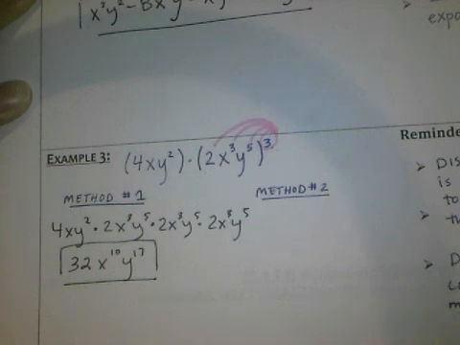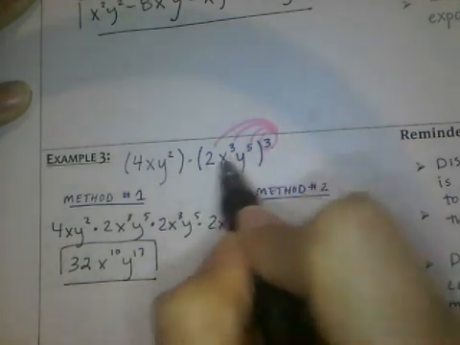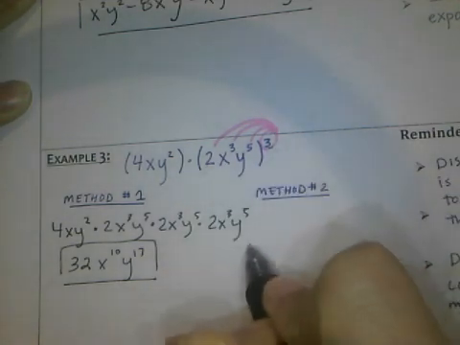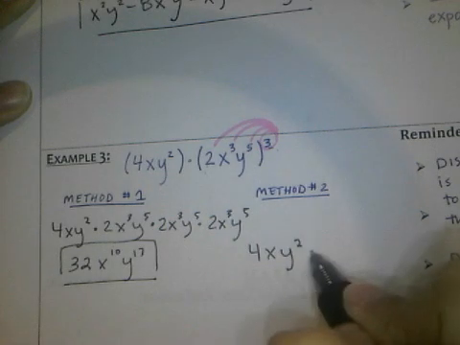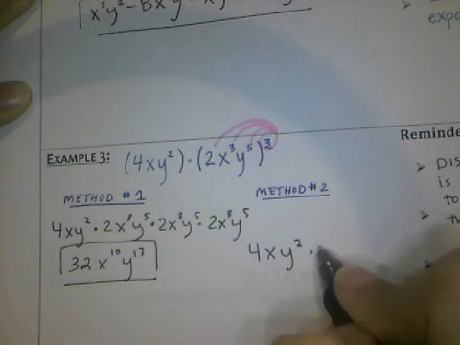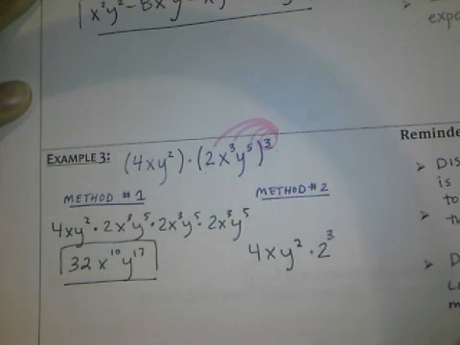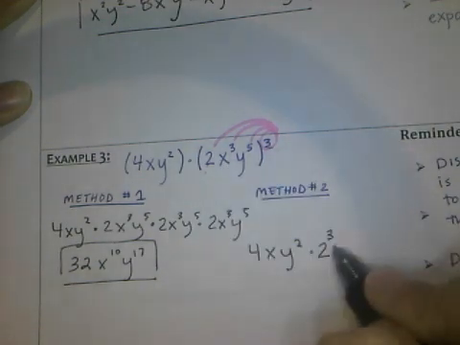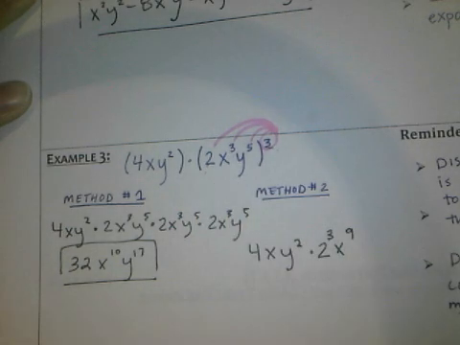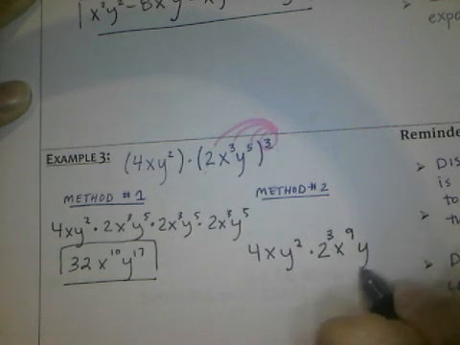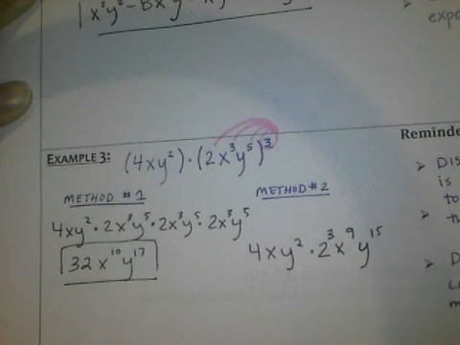So when you distribute to the 2, which is a coefficient, this becomes 2 cubed. And so you have 4xy squared as your first term, and your second term becomes 2 cubed, and then x to the 9th. You multiply those because they're both exponents, and y to the 15th.